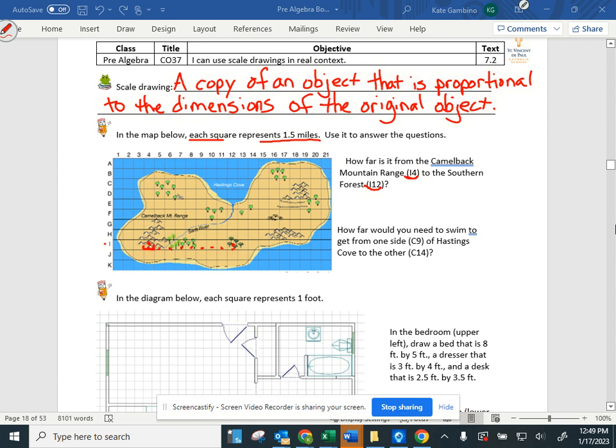So it'd be 8 squares, and then you need to figure out how many miles it is. This is our starting point, we're going to count all the squares after it. So it was 8 squares altogether, because we started here, so we're counting the squares after, because that's where you are.